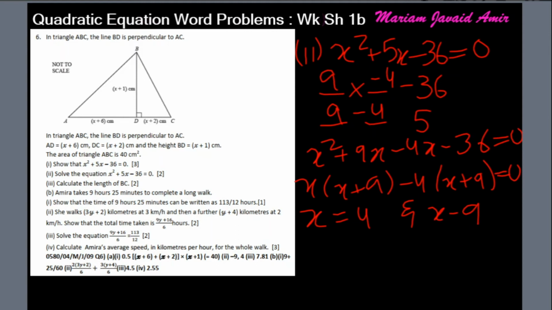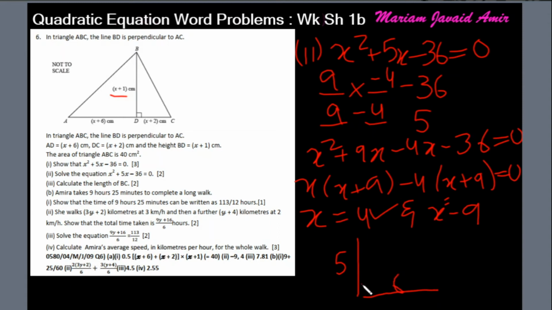Okay. Part 3, calculate the length BC. For that we need this length, which is x plus 1. We're only going to take the positive answer and not the negative answer because we can't have negative lengths. So x plus 1 becomes 5, 4 plus 1, and x plus 2 becomes 6.